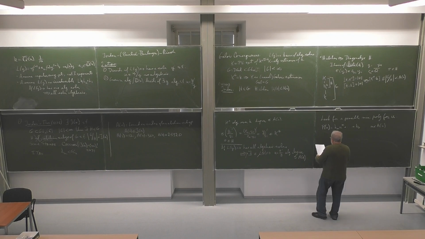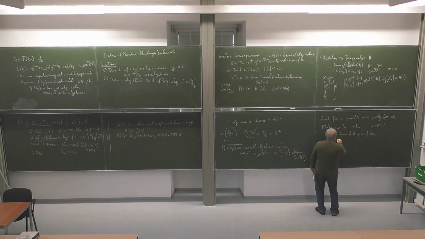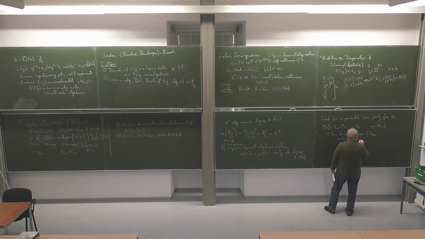And it's incredible. There are two things that he does. First of all, he can bound the degree of Bm in terms of n and the exponents.